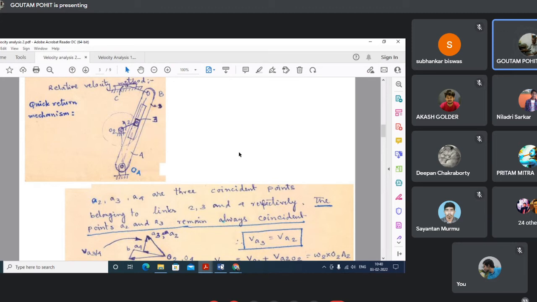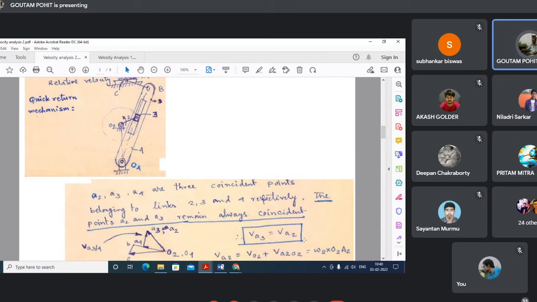The points A2 and A3 always remain coincident because 2 and 3 are hinge joined. So as the point A2 is moving, point A3 has to move at the same instant. They will have the same velocity naturally, so VA3 will be equal to VA2. Now we try to find out the velocities.